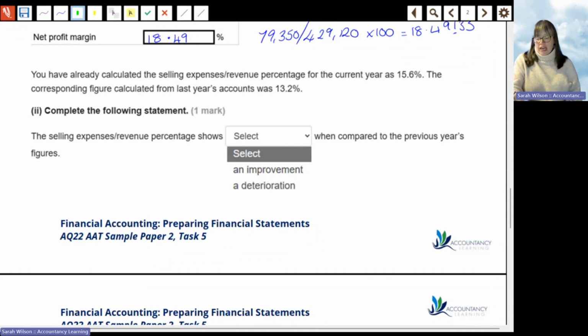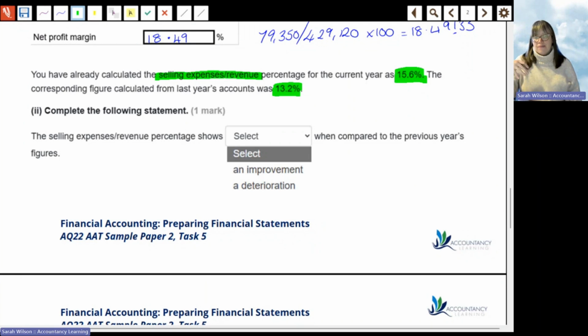So we're looking at selling expenses and revenue. So this is how much as a percentage does the selling expenses take of the revenue. So last year it was 13.2 and this year it's 15.6. So the percentage has increased.